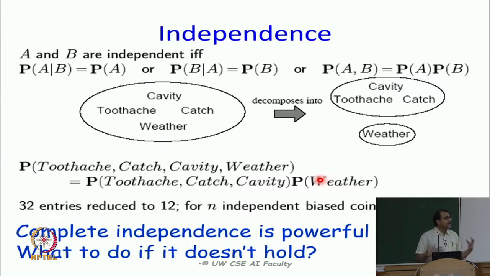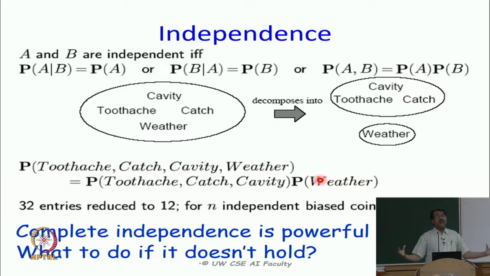Okay, these are simple questions, but I now need everyone to start just answering these simple questions, because I am going to explain a very important concept. So, I want everybody's concentration here. So, how many values for weather? 4. How many values for cavity? 2. How many values for catch? How many values for toothache?